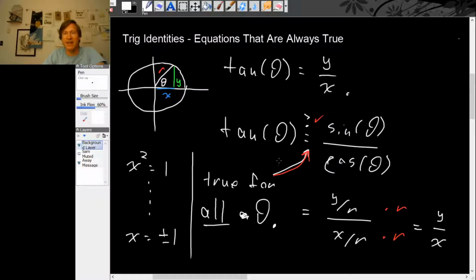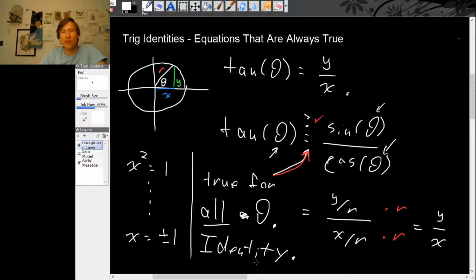This says that tangent of theta always equals sine theta over cosine theta, no matter what angle you put in here for theta, as long as you put in the same angle in these three places. This kind of equation that's true not sometimes but all the time is called an identity. And since this is an identity of trigonometric functions, it's called a trigonometric identity, or trig identity for short.